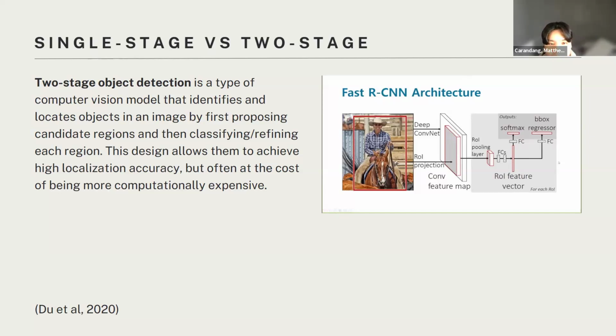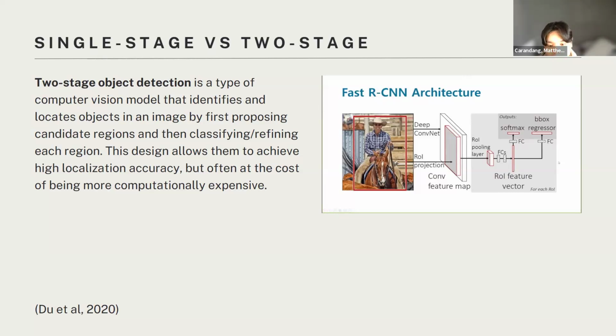Two-stage object detectors would first go through a separate network which proposes regions of interest. Regions of interest mean that the network proposes these regions since they might have an object in them. It might have an object or it might not; it depends on the network.